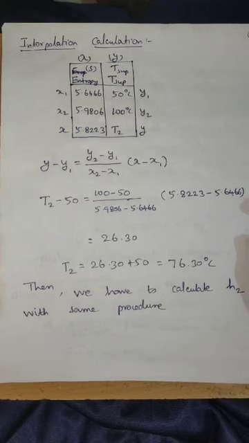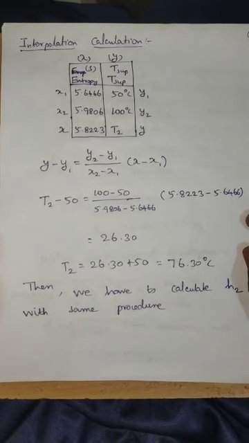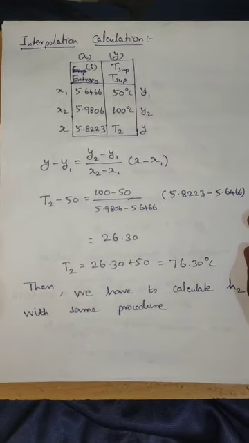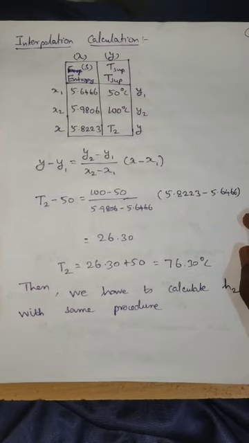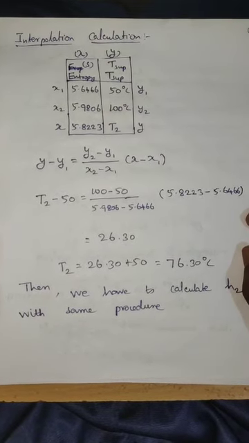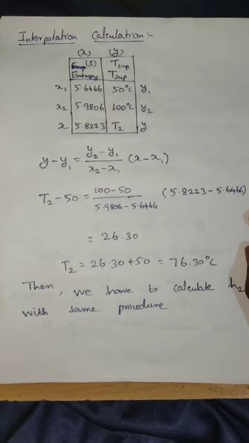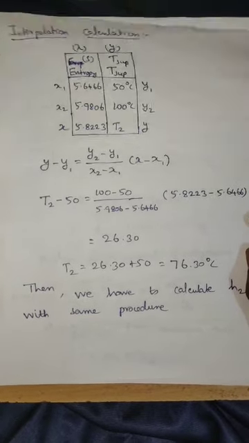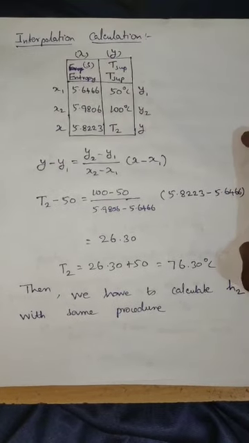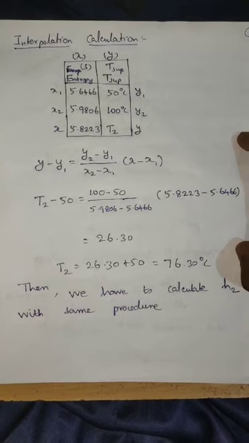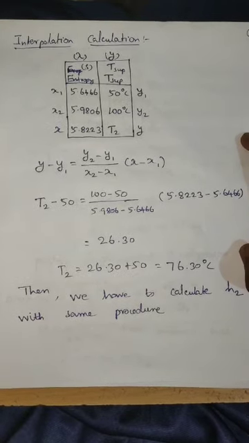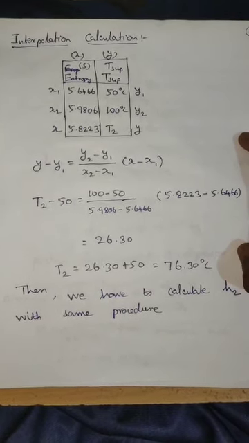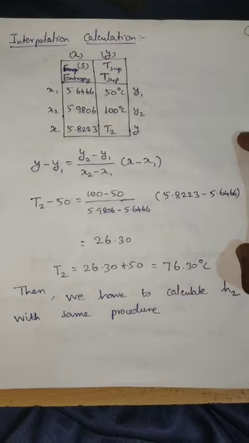Okay, then the interpolation calculation is from the superheated ammonia table. Entropy value of 5.646 is at 50 degrees Celsius, and entropy value of 5.9806 is at 100 degrees Celsius, and the entropy value is 5.8223, what is the temperature T2? T2 is the unknown value.